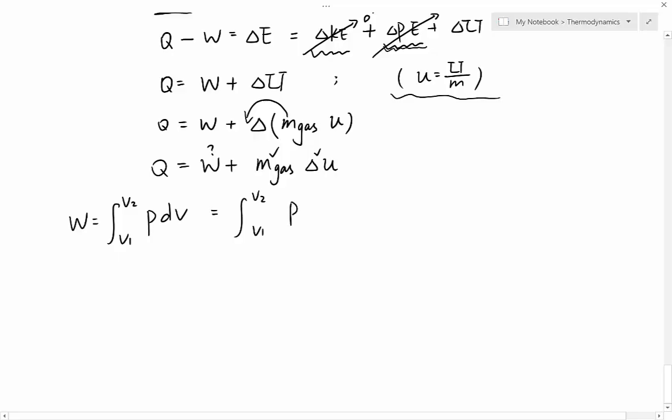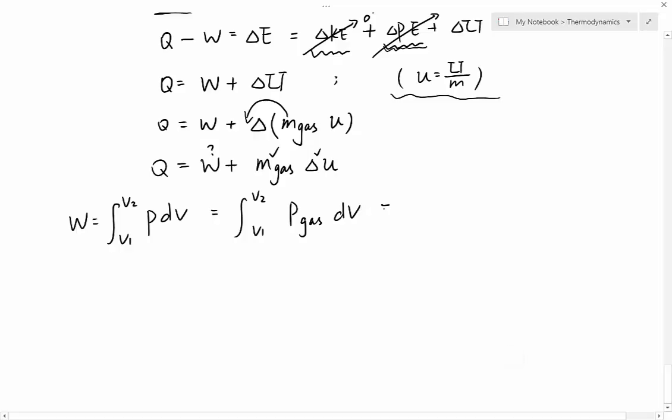Pressure of my system, and my system is gas alone. So the integrand must be the pressure of the gas. We need to give it a subscript because we also have P atm, the pressure of the atmosphere. To differentiate between those two P's, we give it a subscript. So this is the pressure of the gas.